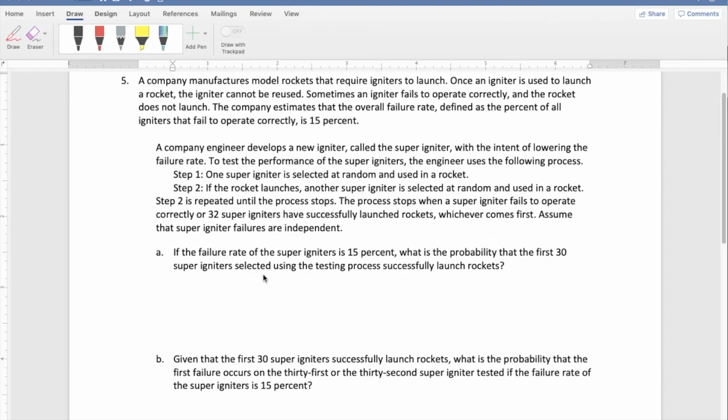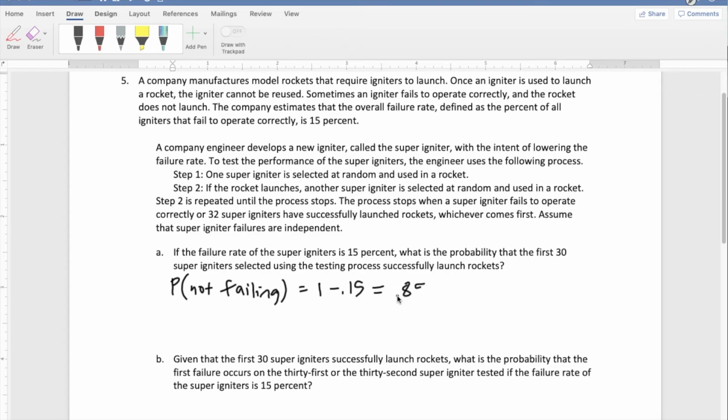So on part A, if the failure rate of the super igniters is 15%, just like the original igniters, what is the probability that the first 30 super igniters selected successfully launch rockets? So we have the probability of it failing to ignite, we're assuming, is 15%, which means the probability of not failing would be 1 minus 0.15, which is 0.85.